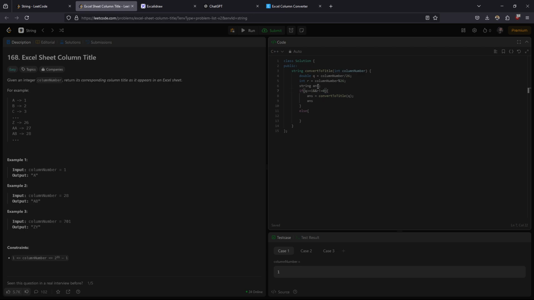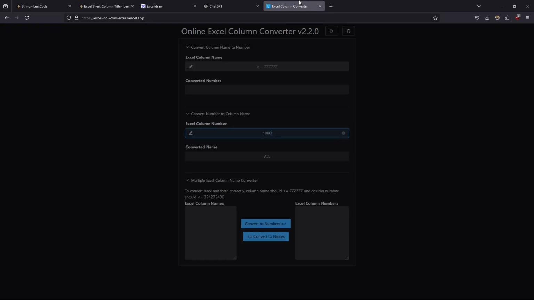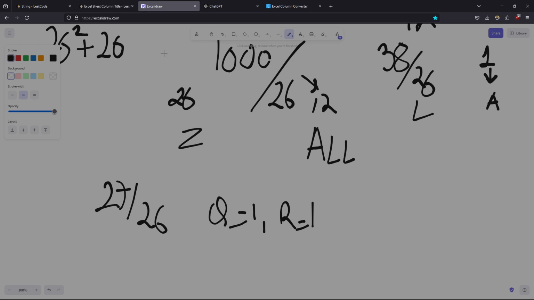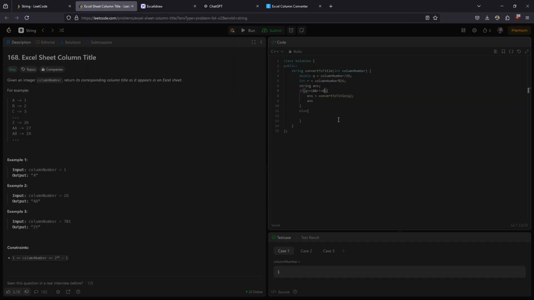When we divide a number by 26, 26 means Z. So when we divide 26 by 26, the quotient will be 1 and the remainder will be 0. But we can't use remainder not equal to 0, otherwise it will completely disturb our condition.